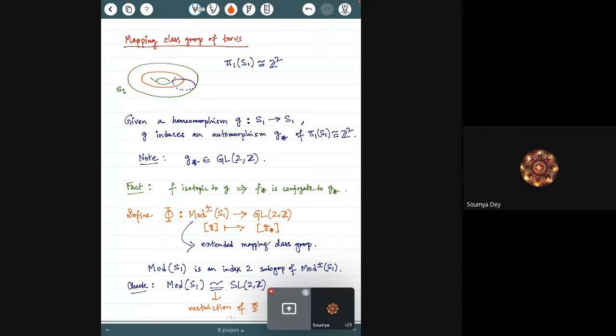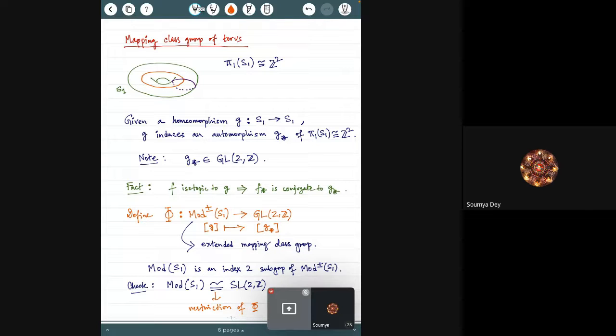That forms a group and that is called the mapping class group. Now, given a homeomorphism G, right? S1 here is a torus, a genus 1 surface, so we are denoting it as S suffix 1. So given a homeomorphism G from S1 to S1, it induces a map at the level of the fundamental group.